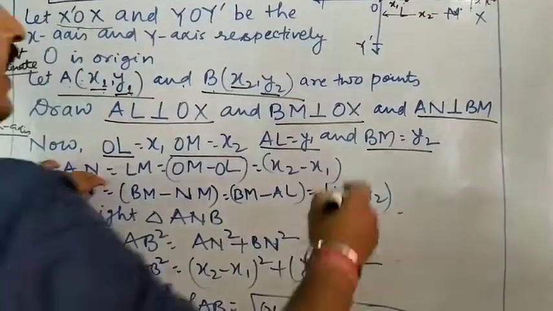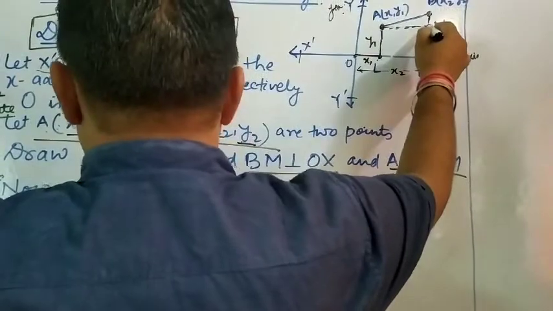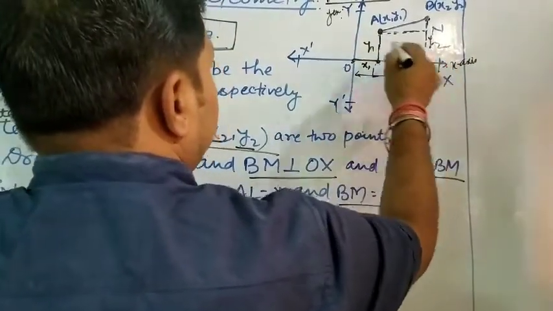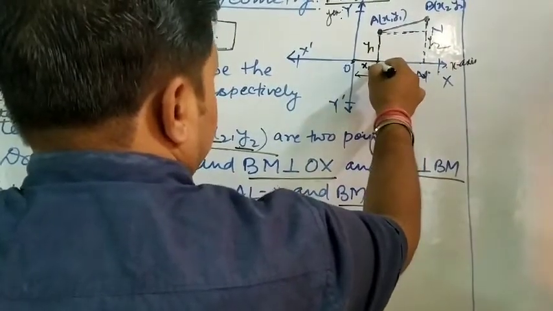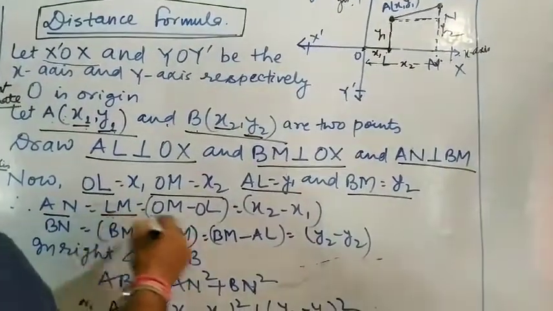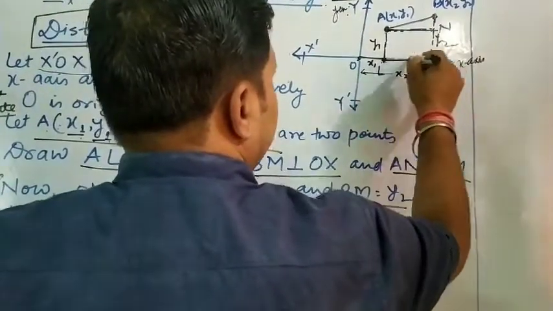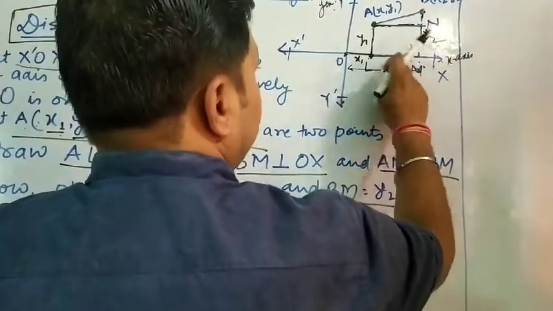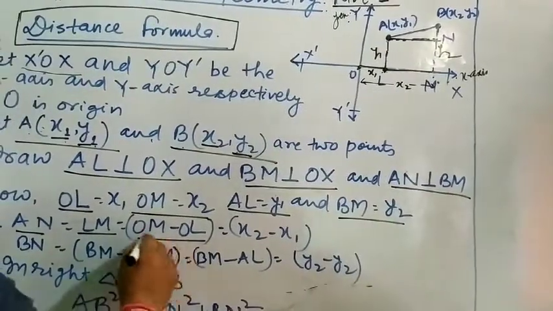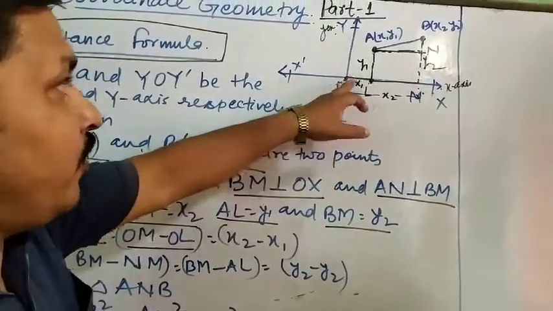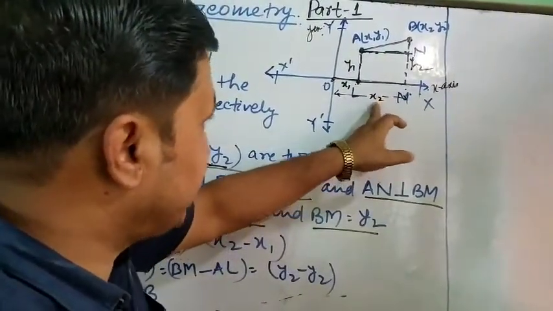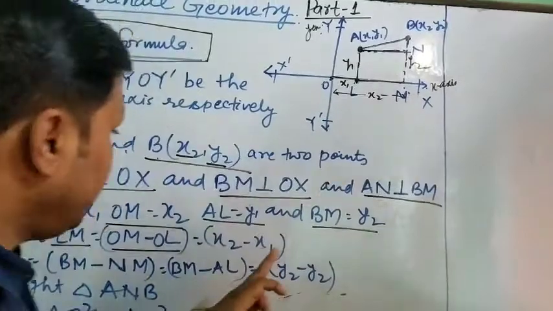Now AN equal to LM, and LM equals OM minus OL. The value of OM is x2 and the value of OL is x1.